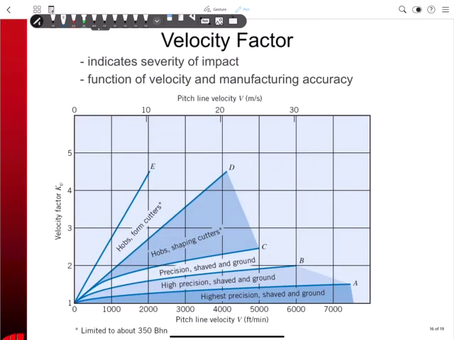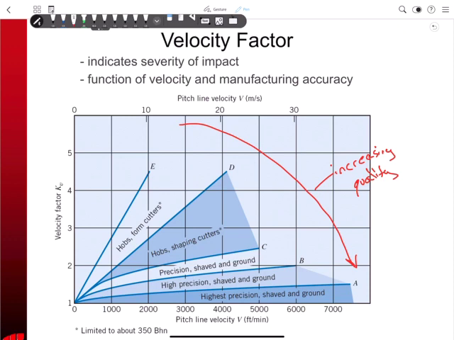All right. Okay, velocity factor, right? There's two things that affect this. How well are they manufactured? So this is increasing quality. And then how fast are they actually hitting each other, right? What is the actual tip velocity of the tooth?